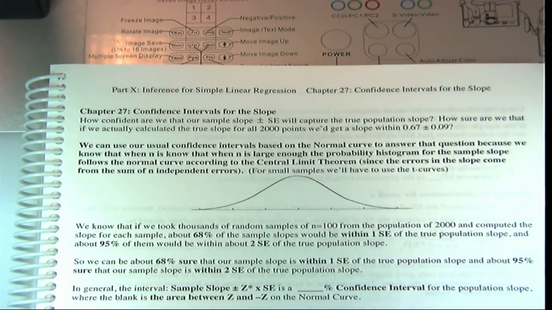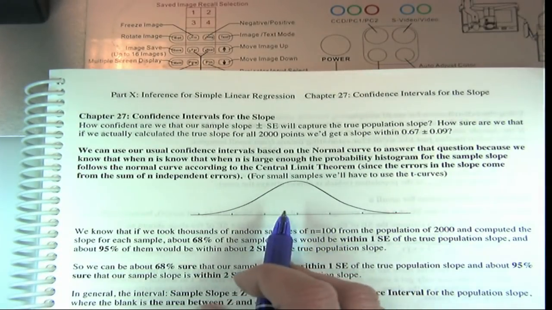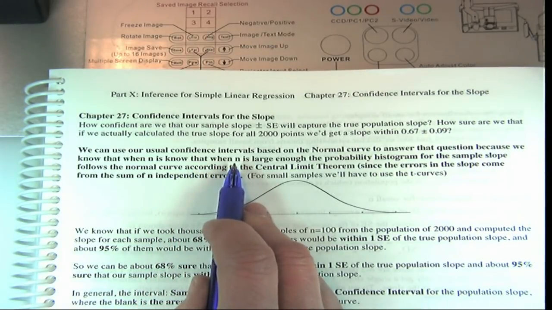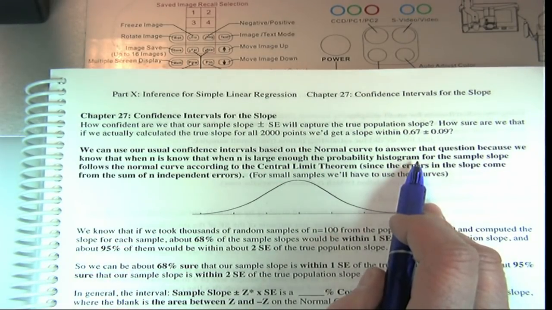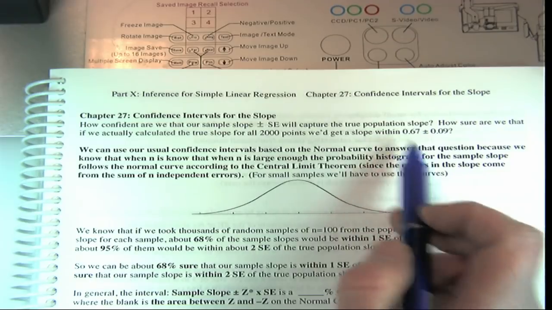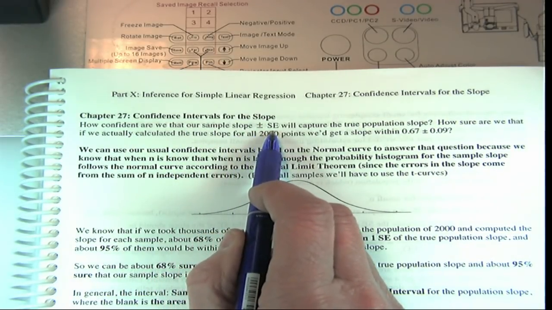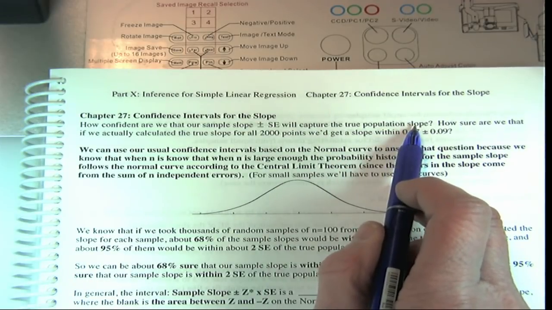So, can we use a normal curve? That's the question. And t curves to use on the slope. So, we can. We can use our usual confidence intervals based on the normal curve to say how confident are we that our sample slope plus or minus the standard error will capture the true population slope?